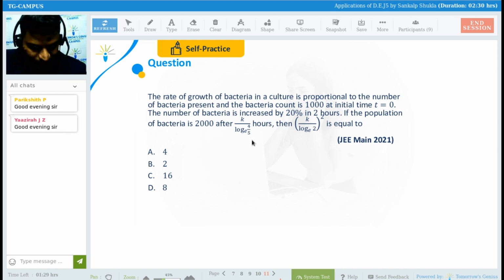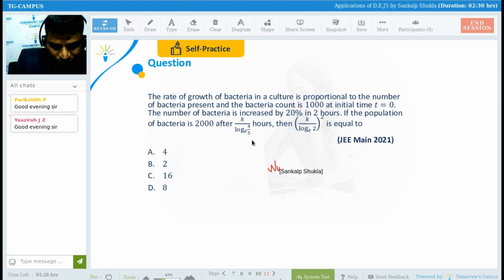See, the important thing is the rate of growth of bacteria. This is the same bacteria that we were having in the first slide. In a culture it is proportional to the number of bacteria present, and the bacteria count is 1000 at the initial time. That means we have to take two things: number of bacteria present.